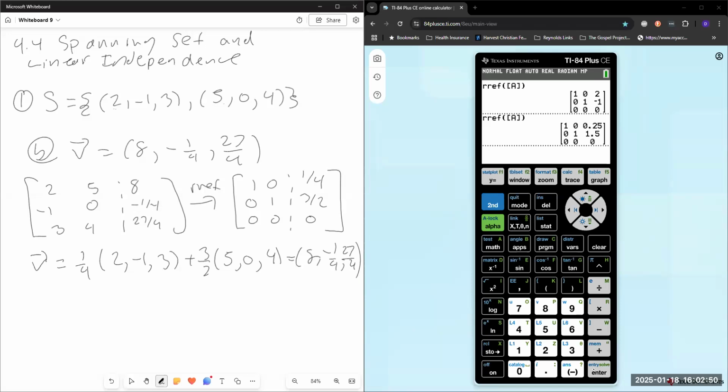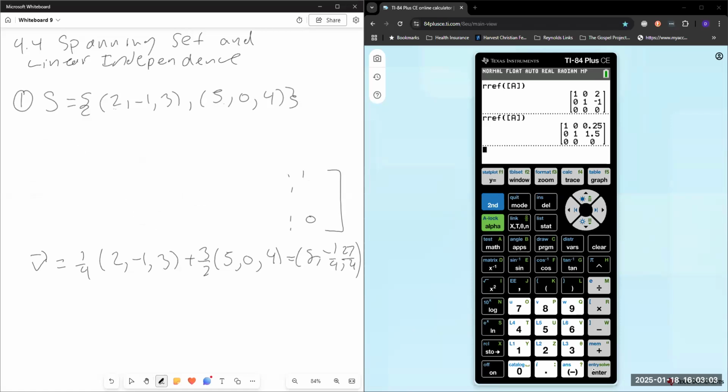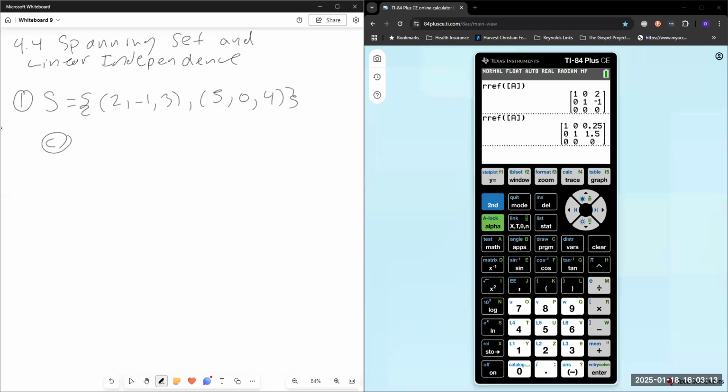Part C of this problem asks if we can write w equals (1, -8, 12) from these vectors. Let's see if we can do that.